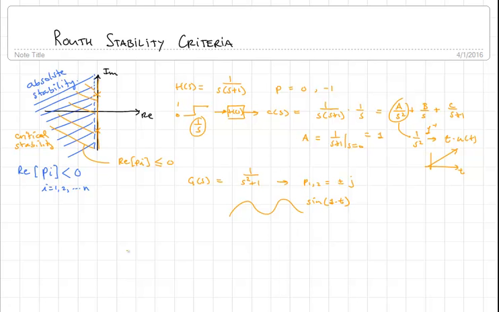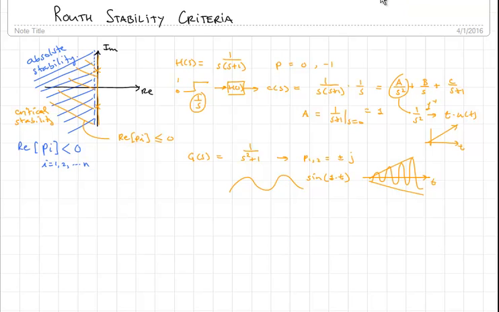So sustained oscillation, but it doesn't grow unless the excitation R of s actually has these same poles. In other words, if it's a sinusoid of frequency 1 radian per second, then the output would be a linearly growing sine wave. And so again, it would be unbounded. So that is a critically stable system.